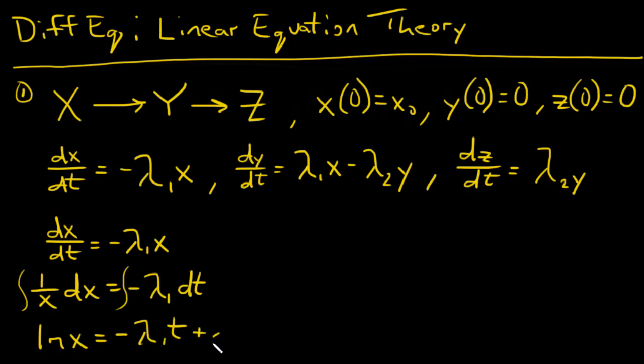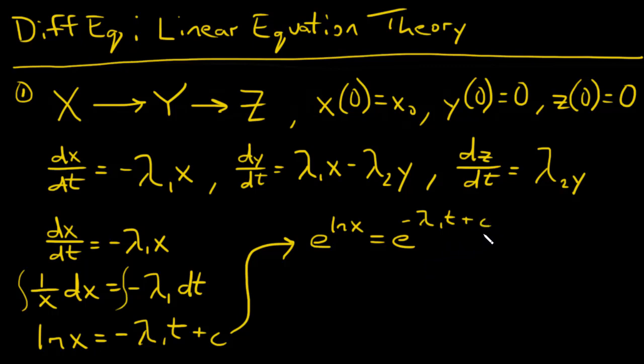Now I can work on simplifying this by applying the exponential, so I get e to the natural log of x is equal to e to the negative lambda 1 t plus c.